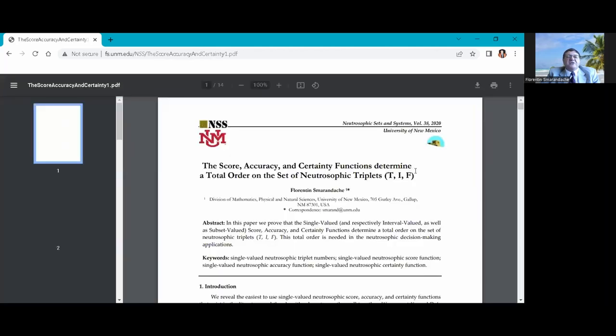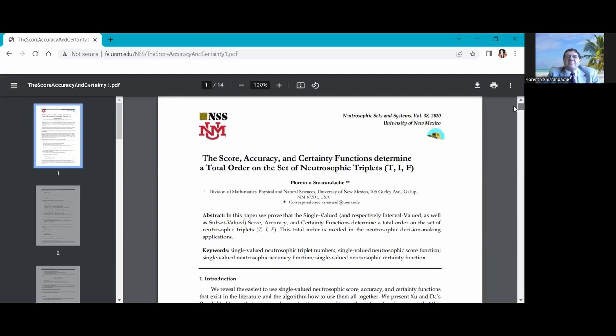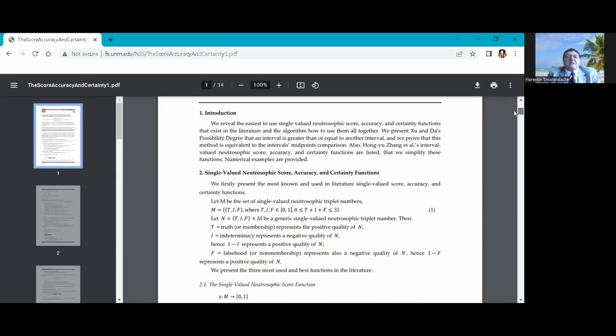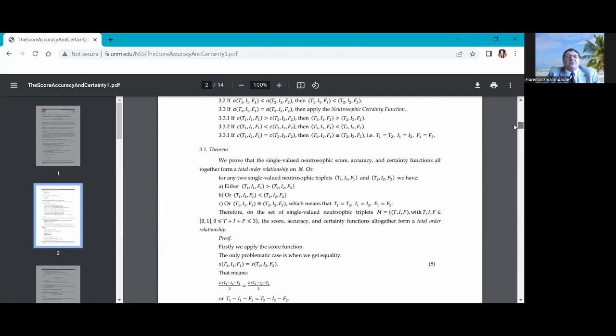Now, in order to make a total order on a set of Neutrosophic triplets, three functions were defined: the score, accuracy, and certainty functions. Then any two Neutrosophic triplets, T1, I1, F1 and T2, I2, F2, can be compared, and either one is bigger than the other one, or they are equal.